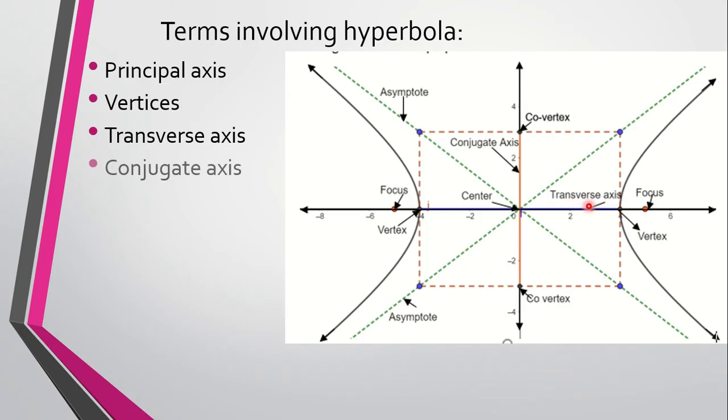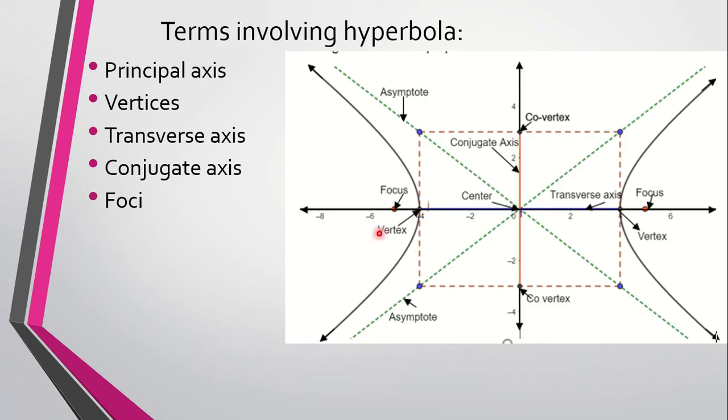Pag sinabi namang conjugate axis, it is a line segment whose length is 2b and perpendicular to the transverse axis. So, ito yung segment na perpendicular to the transverse axis at kung ito ay 2a, ito naman si 2b. Okay?